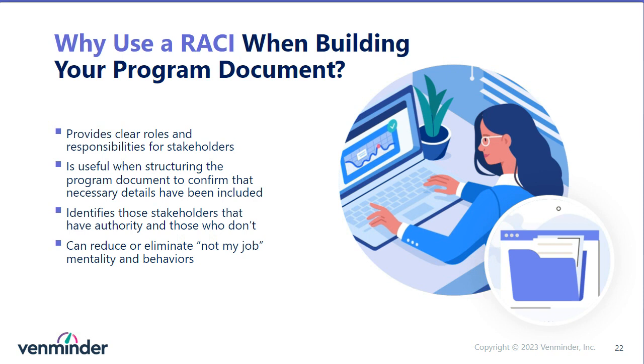It's also really useful when structuring your program document to make sure you're covering all your bases and you've really considered what each process entails. A RACI chart can help you identify gaps in those processes and let you know that you need to go ahead and assign some roles and responsibilities to make sure that all parts of the processes are addressed.